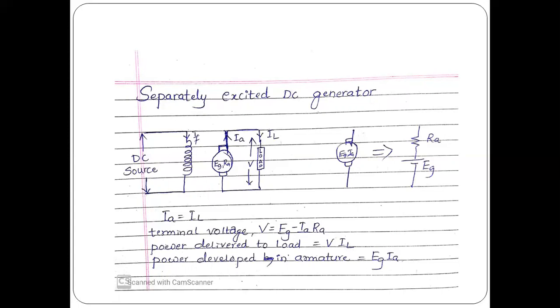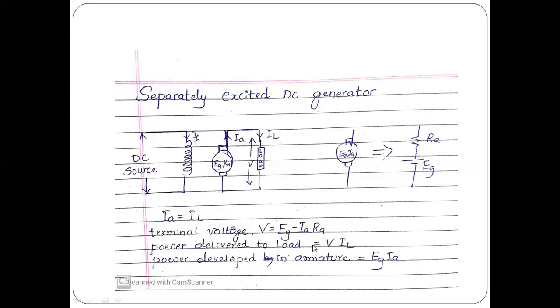Next we have the power developed in the armature. How much power is developed in the armature? That is Eg into Ia. Voltage is Eg and current is Ia, so power developed is Eg into Ia.